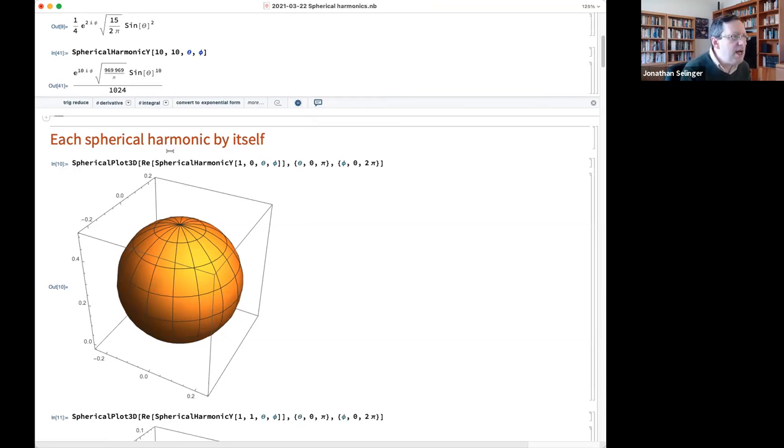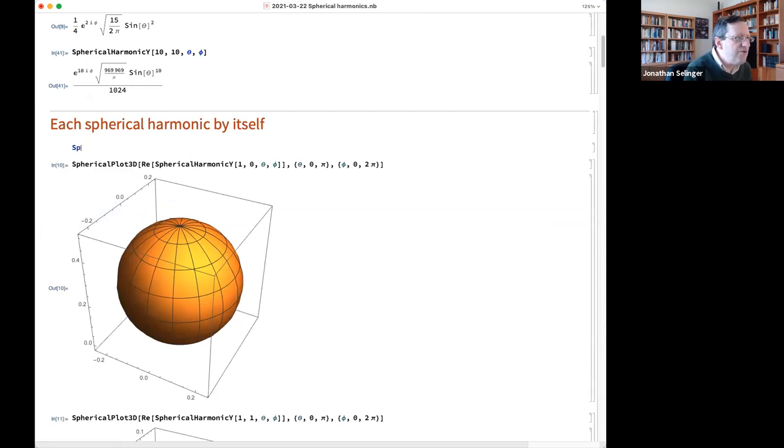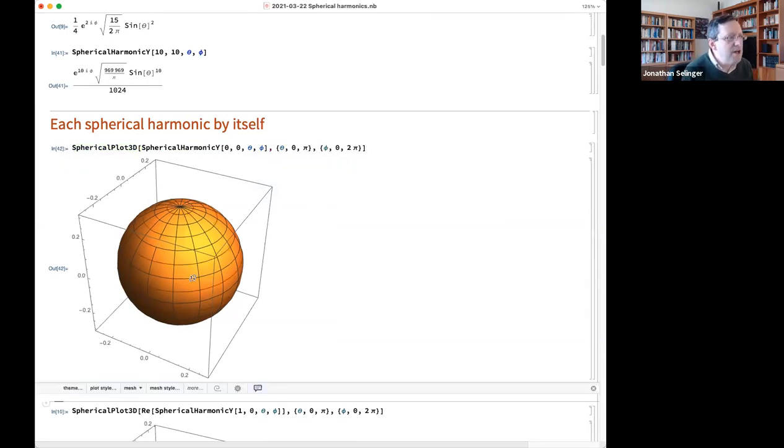Okay, so if I want to say a SphericalPlot3D of the spherical harmonic 0, 0 as a function of theta and phi, and I tell it to make this plot for theta from 0 to pi and phi from 0 to 2 pi, okay, this plot just looks like a sphere because the spherical harmonic 0, 0 is just a constant.